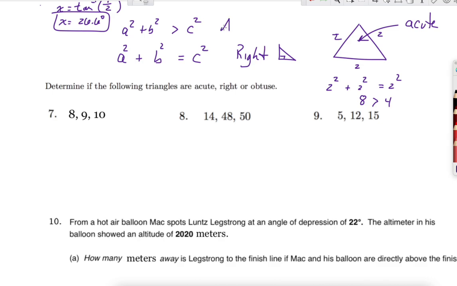And if the c squared part is greater, it's going to be obtuse.